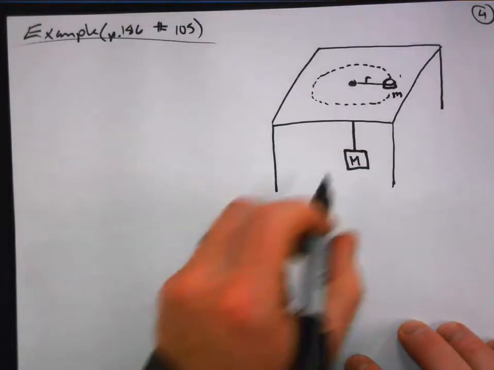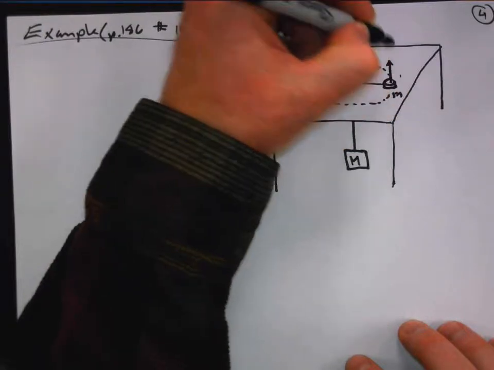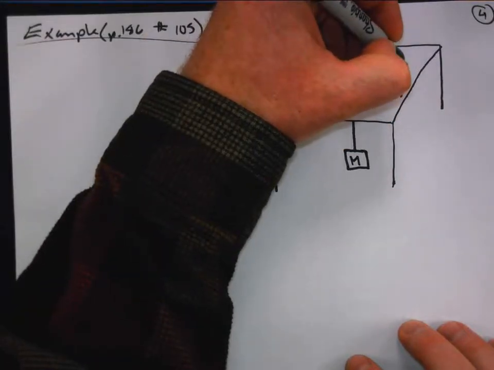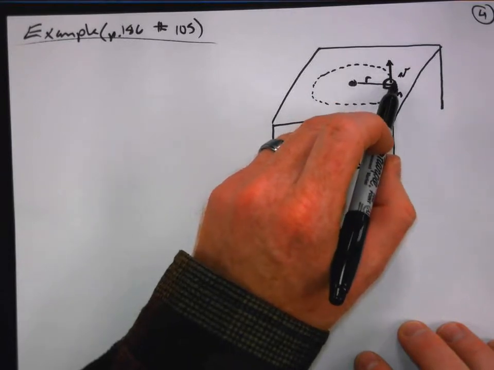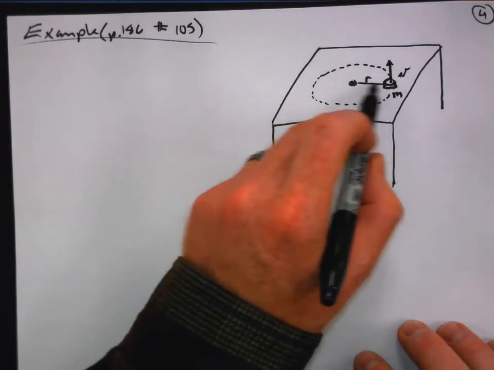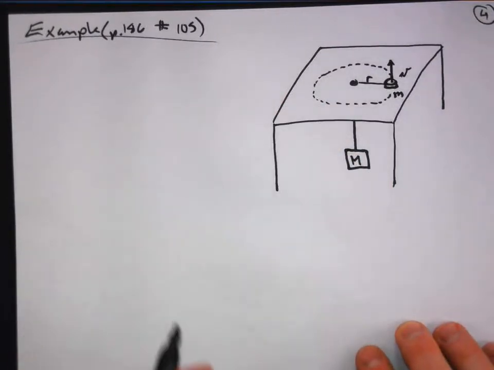And if we set this object in motion, that motion will be a velocity, and I'm going to draw that velocity vector perpendicular to the radius, or in other words, tangential to the circle itself, to that pathway.